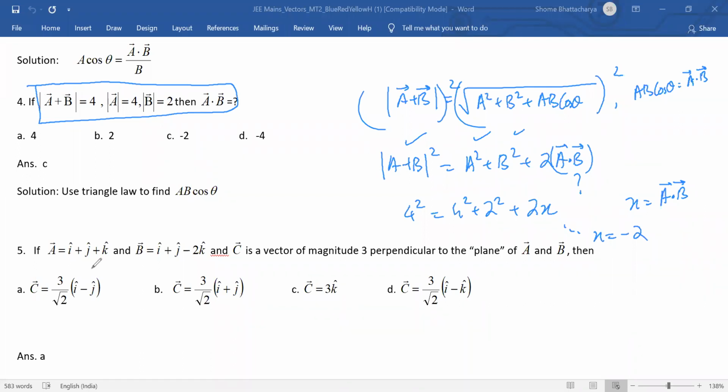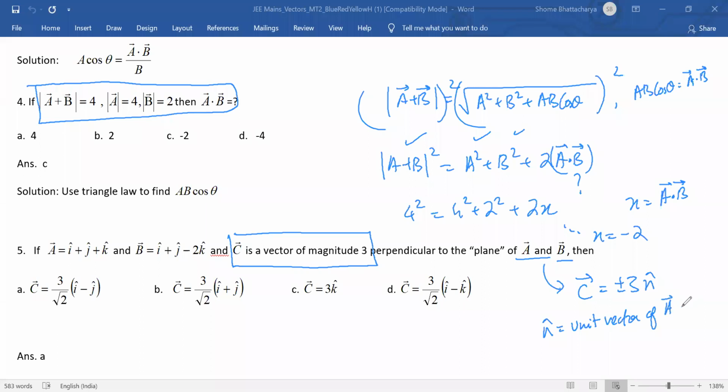Okay. Now let's come to the fifth question. C is a vector of magnitude 3 and perpendicular to the plane of A and B. So that means what will be the direction of C? C will be plus or minus 3 n cap, where n cap is a unit vector of A cross B. So you have to find A cross B first, then find its unit vector, then multiply it with plus or minus 3.